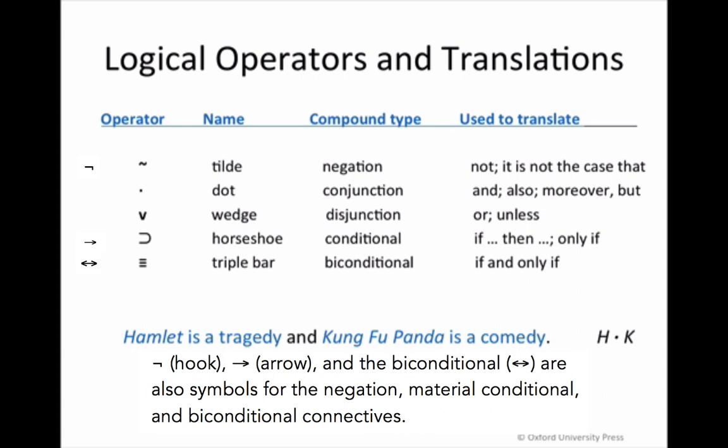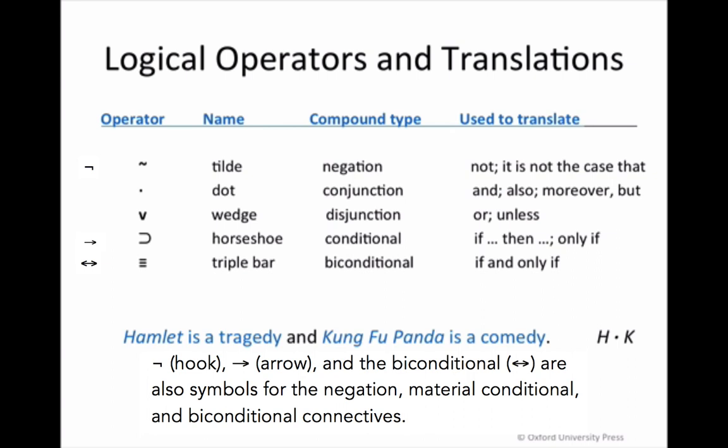Then we have, lastly, our horseshoe and triple bar. Horseshoe is a conditional operator. In other words, it reflects sentences in the form of if this, then that, this only if that, and so forth.